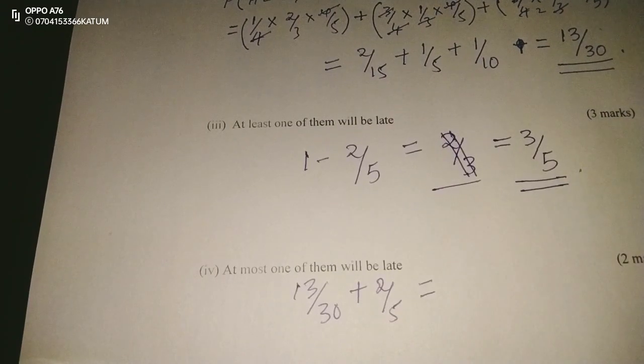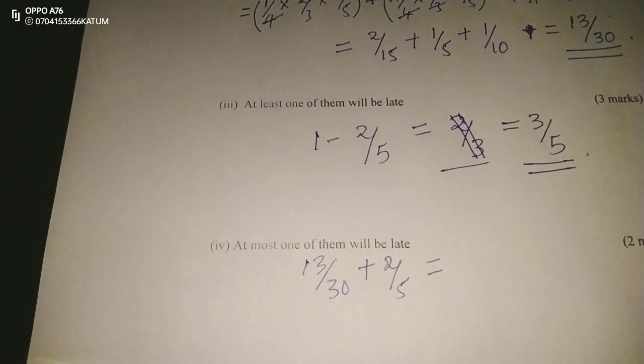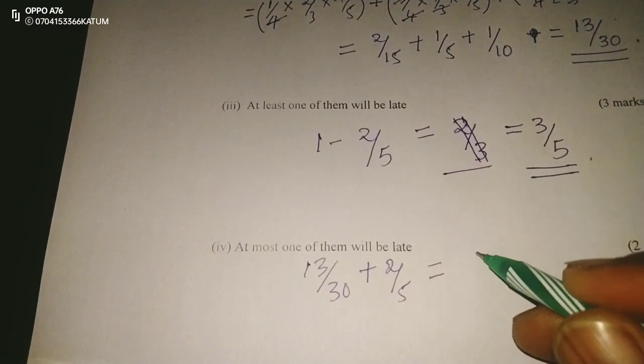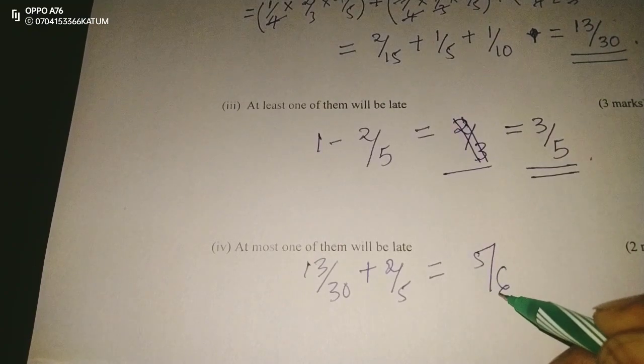Yeah, because it is those cases now. So this is going to be when we take 13 out of 30 plus 2 out of 5. This is giving us 5 out of 6.